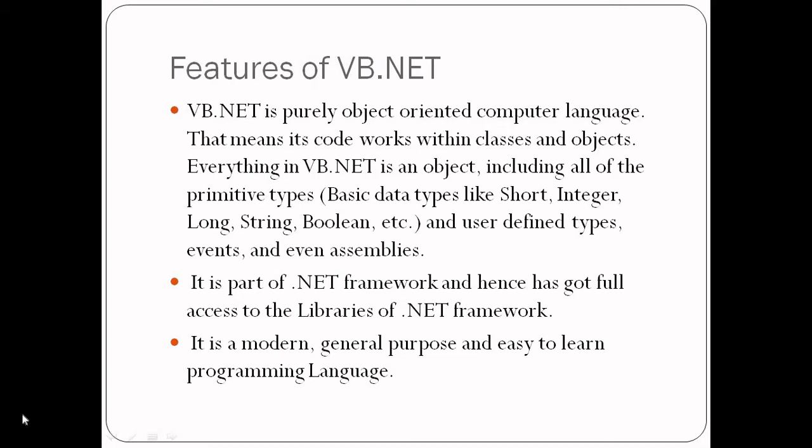So .NET library is a set of code snippets which we can use in our program. VB.NET is a modern, general purpose and easy to learn programming language. You will agree with this point once we start with coding in VB.NET, that it is easy to learn and general purpose as well as a modern programming language.